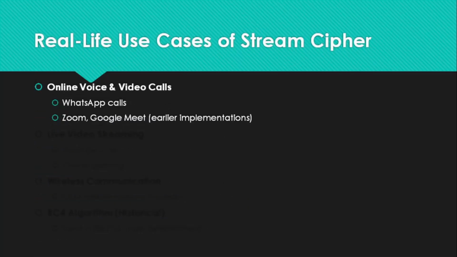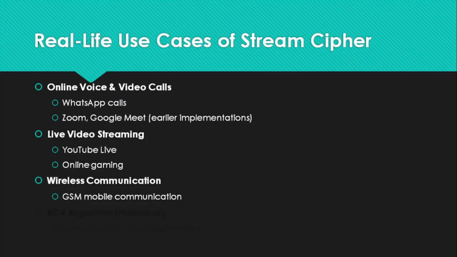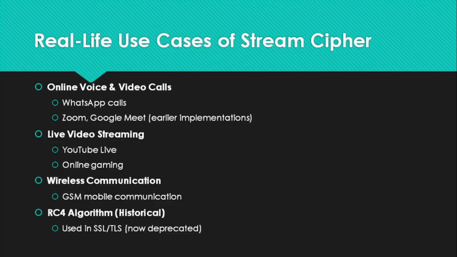Stream ciphers are commonly used in various applications such as online voice calls, video conferencing, live streaming, and wireless communications like GSM. Earlier, the RC4 algorithm, which is a stream cipher, was used in the SSL and TLS protocols.